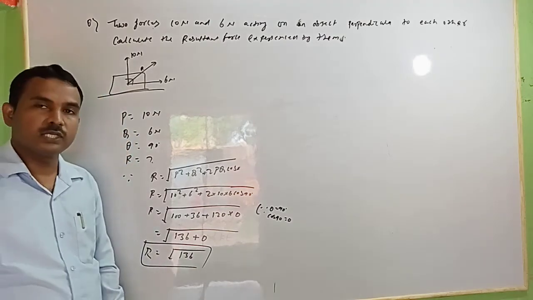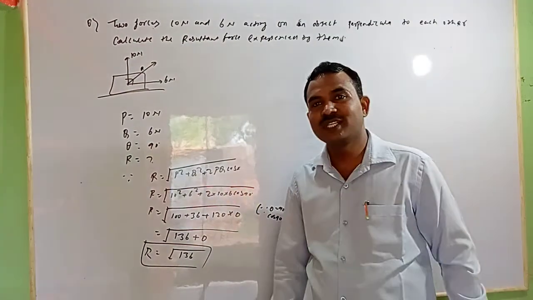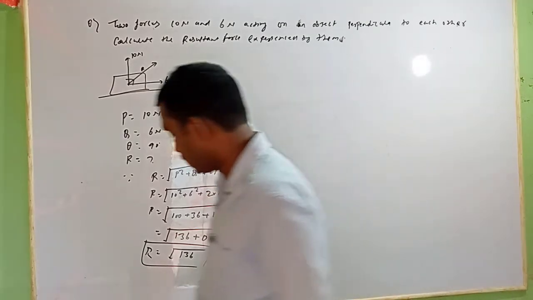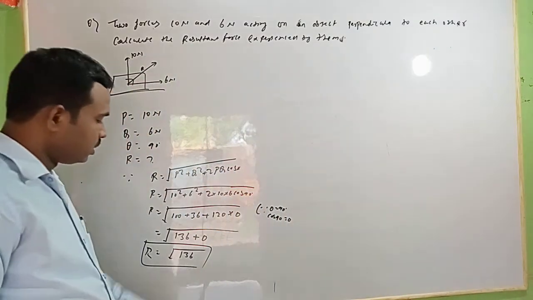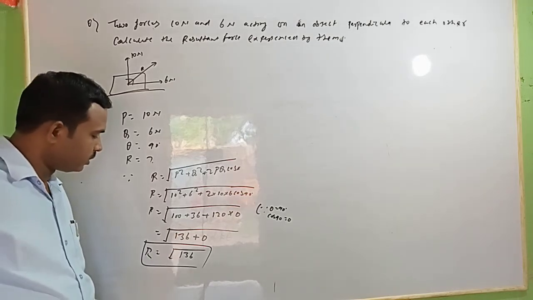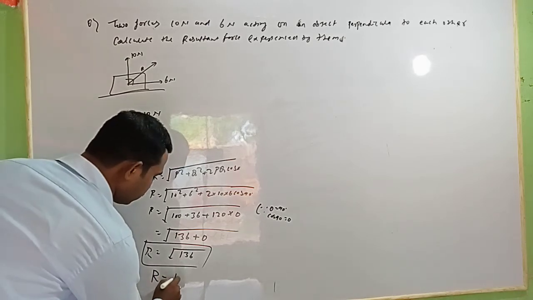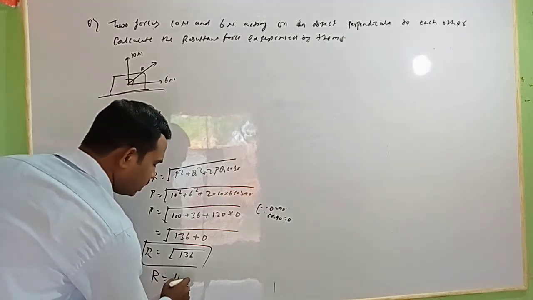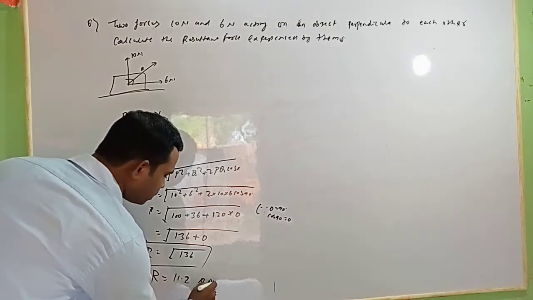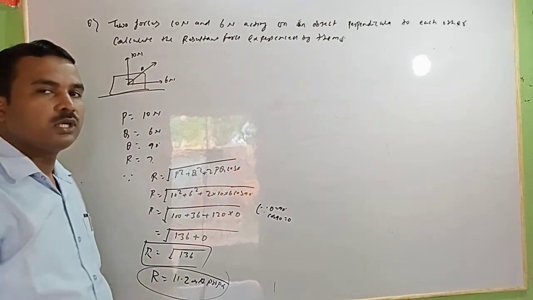You can find the square root. 10 tens are 100, and 12 squared is 144, so it is approximately 11 point something. R is approximately 11.23, whatever you take. Suppose approximately 11.2. This will be in Newton.